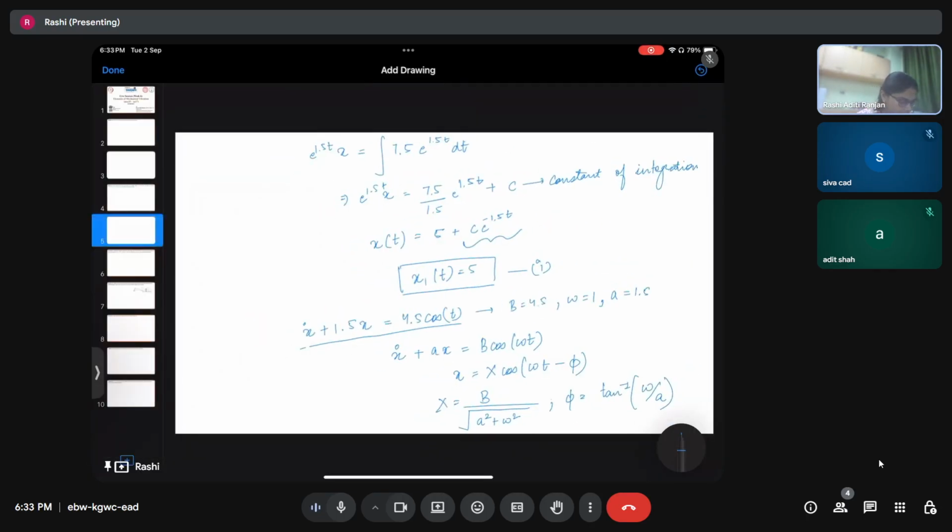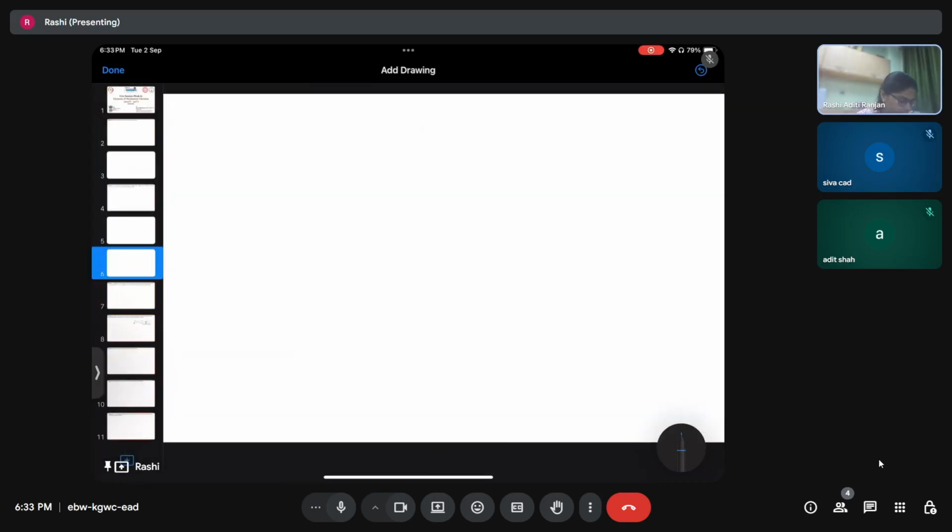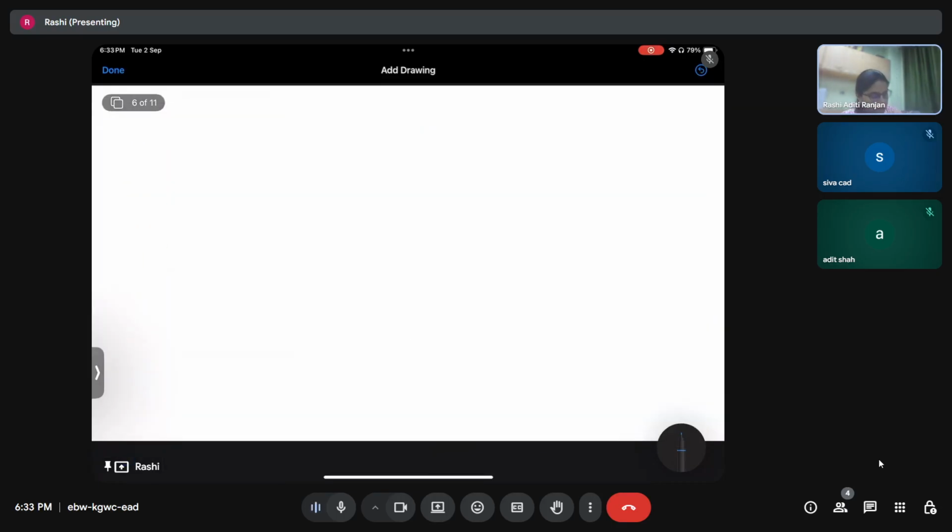So this gives capital X as 4.5 divided by under root of 1.5 square plus 1 square, right? So this is going to give us 4.5 divided by under root of 2.25 plus 1, that is 3.25.